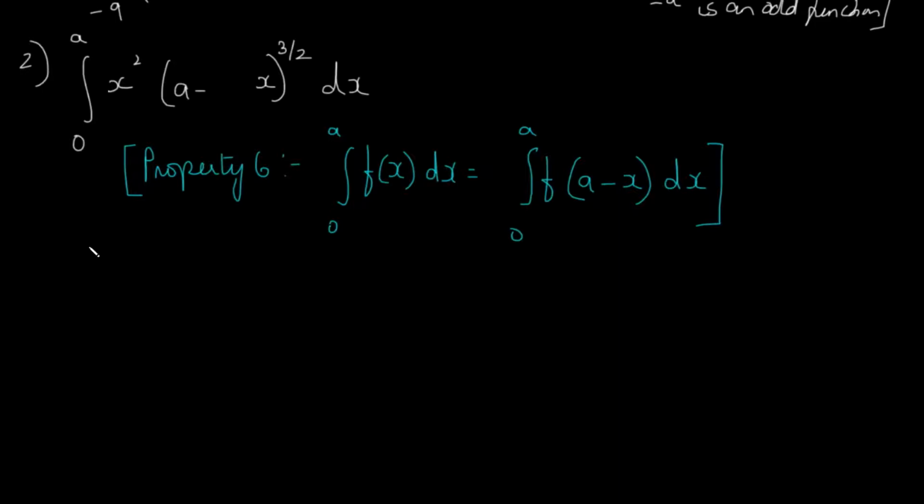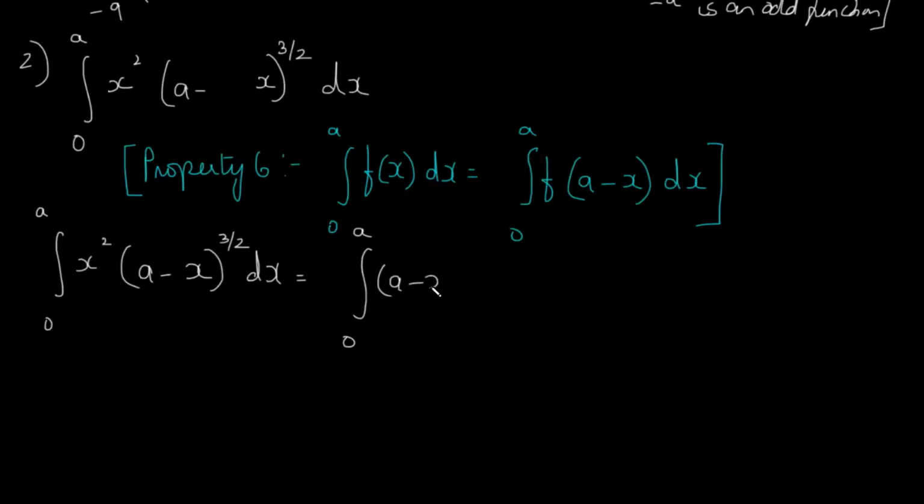So our integral, 0 to a x squared into (a minus x) raised to 3 by 2 dx, can be written as the integral of 0 to a, where x squared is written as (a minus x) the whole squared. I told you wherever x is there, we are going to put a minus x.